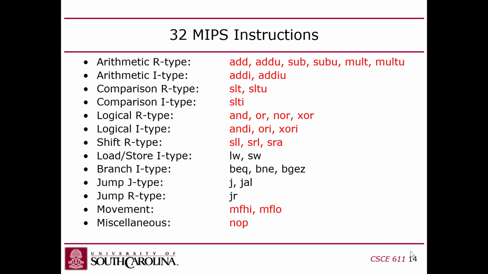We'll find out later this semester that some of the branches have function bits inside the instruction in the RT field. So there are some tricks you can play, but in general, MIPS can't have much more than 128. So we've got about maybe a fourth of the whole instruction set here.